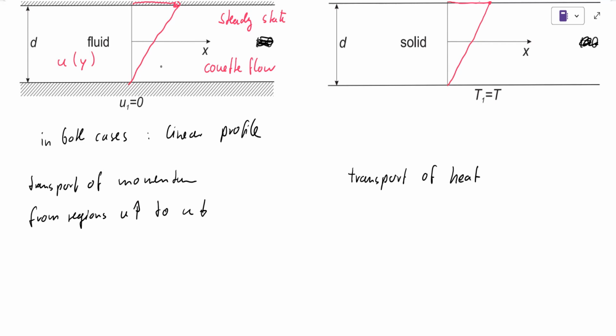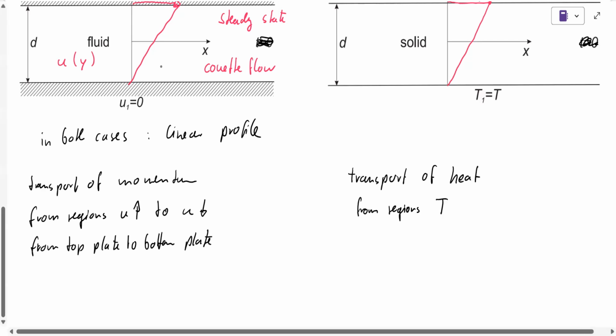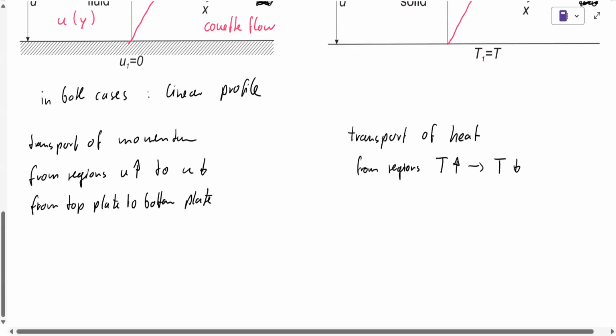And that means, in this case, from top plate to bottom plate. On the right-hand side, for the transport of heat, we see the transport of heat from regions with a great temperature to regions with a small temperature, so the same direction.